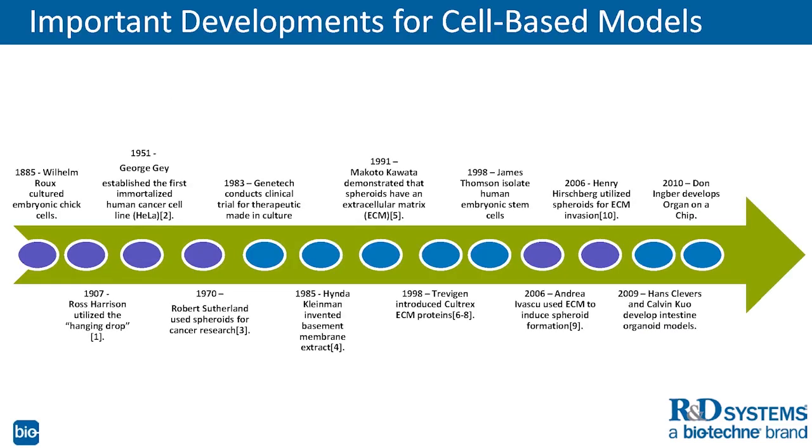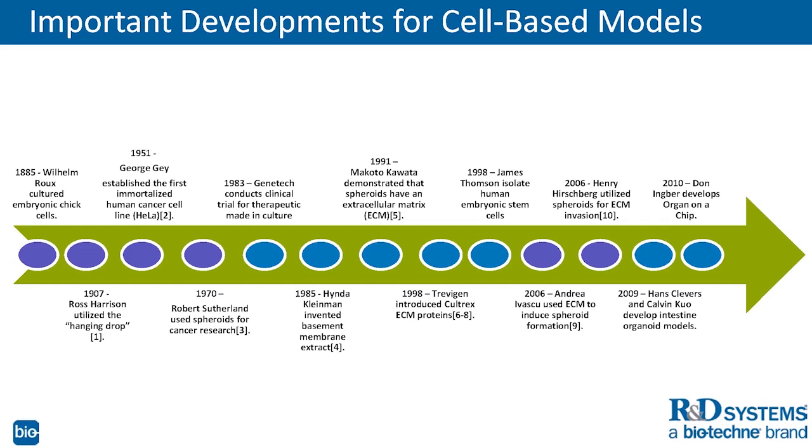I just want to start off with a timeline of events which are important for most cell-based models and specifically our spheroid model. I hope everyone can see this all right. So the origins of cell culture date back almost 130 years to 1885 when Wilhelm Roux first cultured embryonic chick cells.